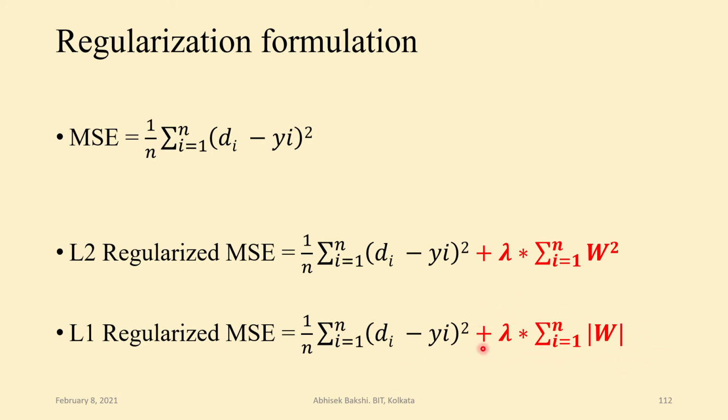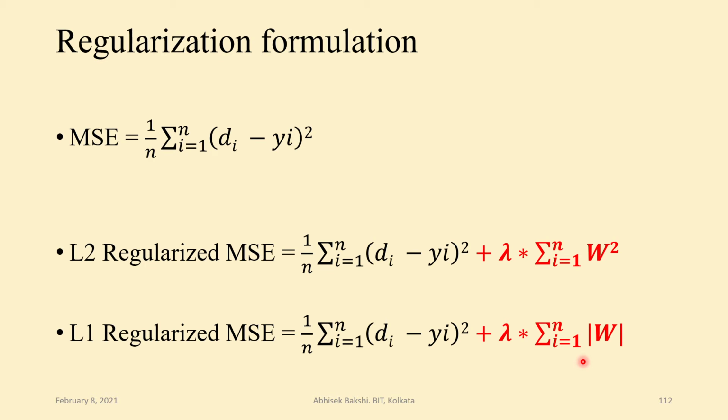And according to this equation, obviously, for L1 regularization, in some part of the backpropagation derivation, in the weight updation rule, there will be a small effect, and you can easily identify that if you derive it in your copy.